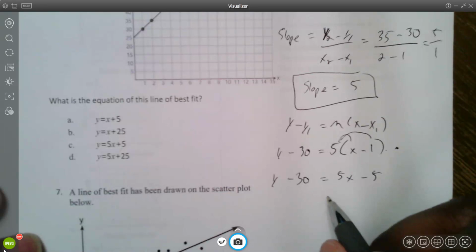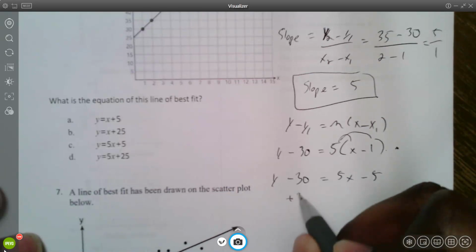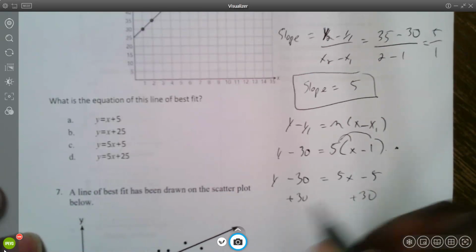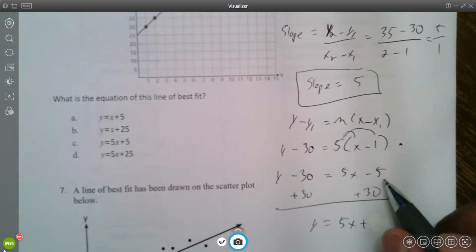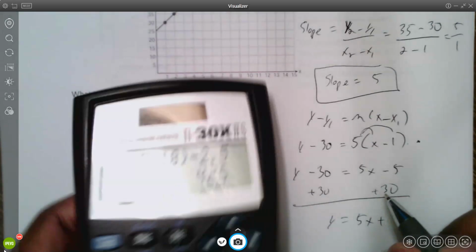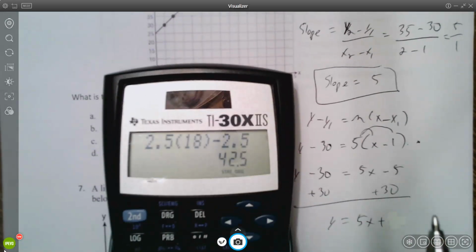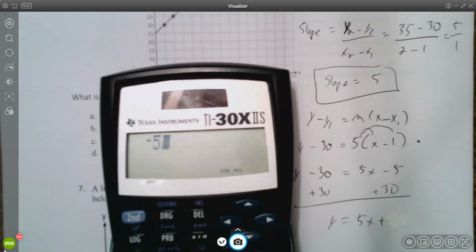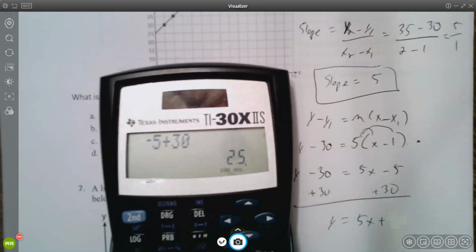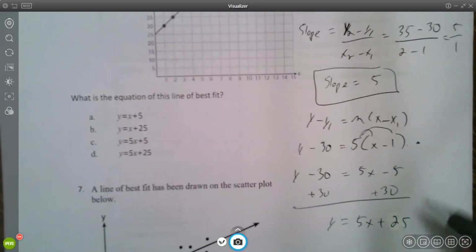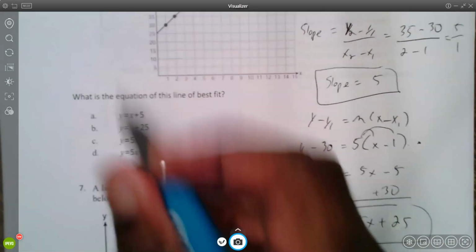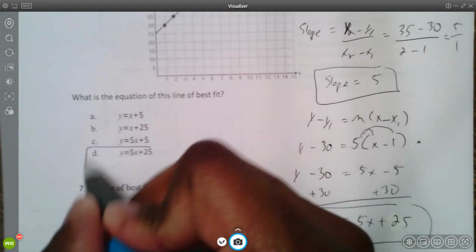Our final step is to add 30 to both sides, so y is 5x plus negative 5 plus 30. Negative 5 plus 30 is plus 25. So that should be the equation: 5x plus 25, which is answer choice D.